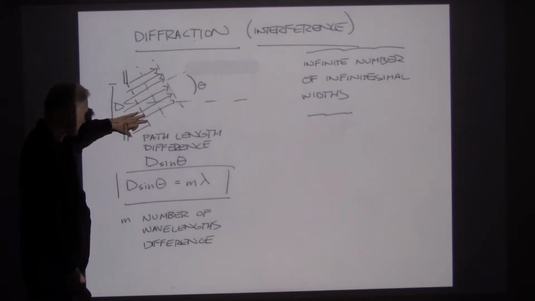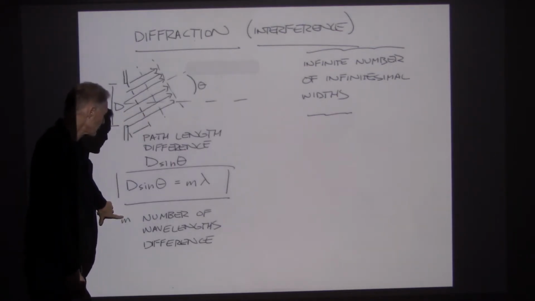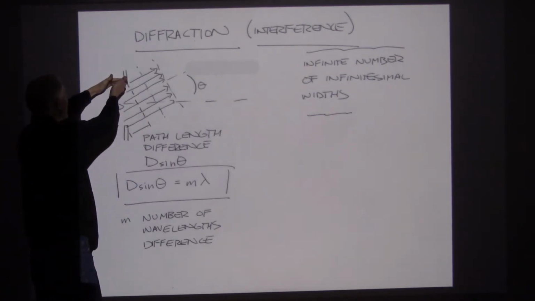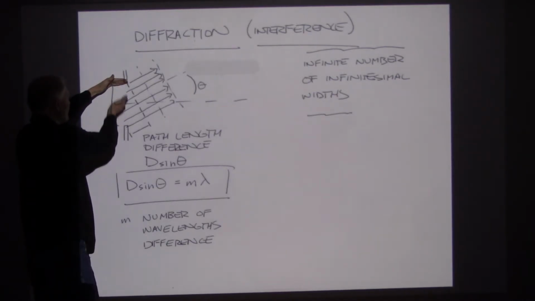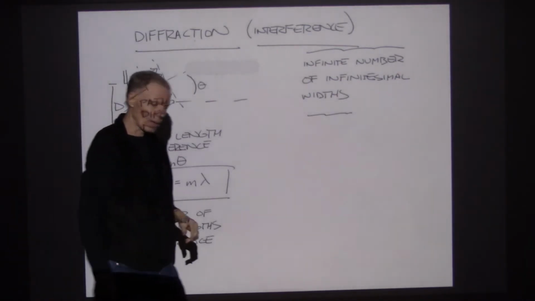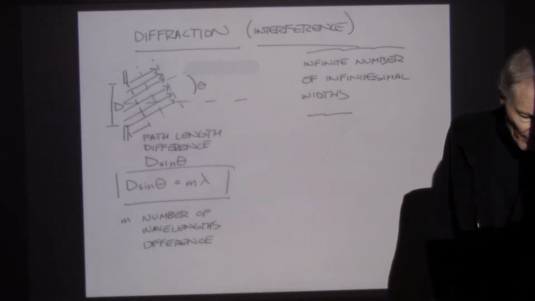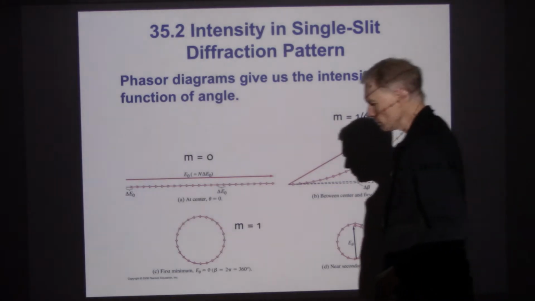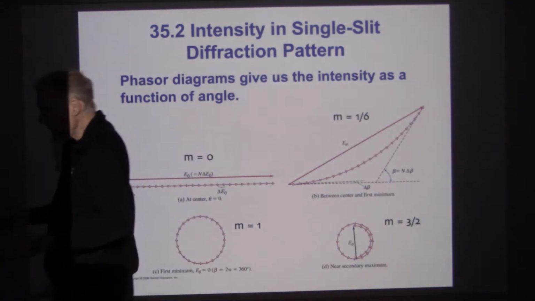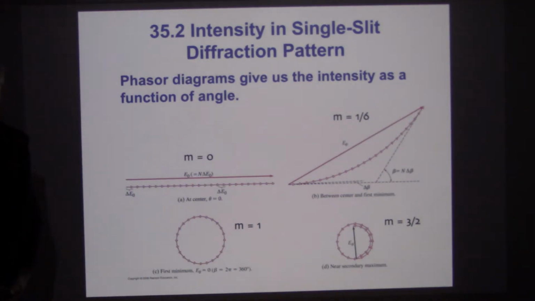This becomes d sine theta. M is the number of wavelengths difference across the entire width, so it's the difference between one edge of the width and the other. Now, if you remember these phasor diagrams from chapter 34, here are some more examples using the phasor diagrams.